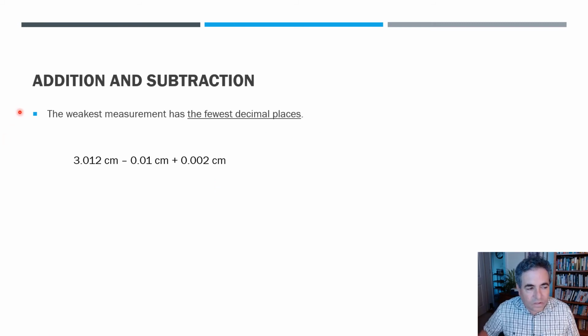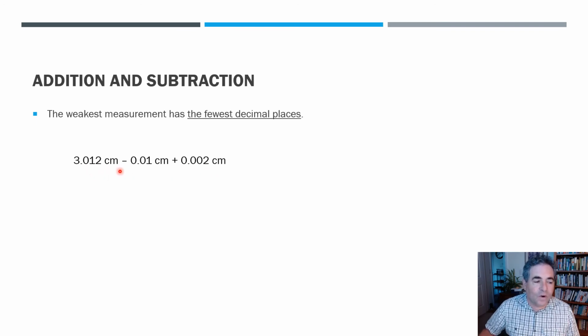Now, something that's a little bit tricky is that addition and subtraction don't work the same way as multiplication and division as far as significant digits go. The way you identify the weakest link is different. You look for the measurement that has the fewest decimal places, and that's going to be the weakest link. So suppose I wanted to subtract 0.01 from 3.012 and then add 0.002 to that.